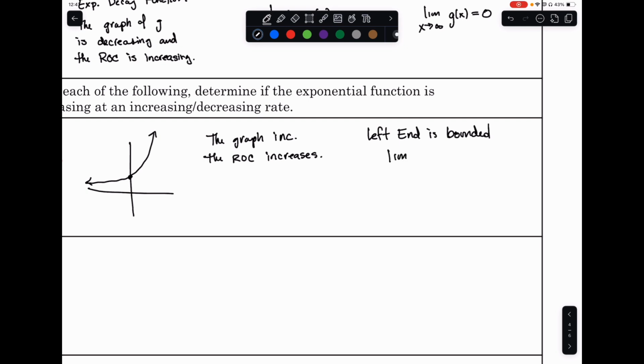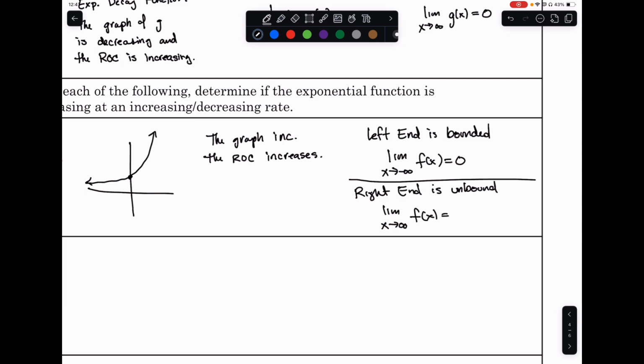Meaning that the y values of this function are approaching 0, and the right end is unbounded. Meaning that the right end is going to approach infinity.